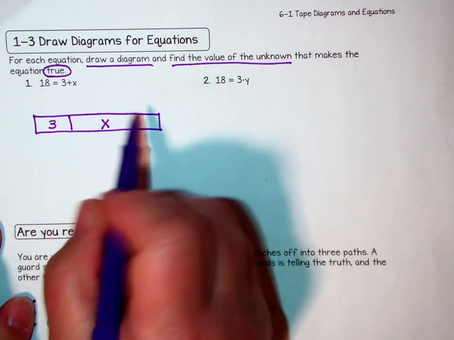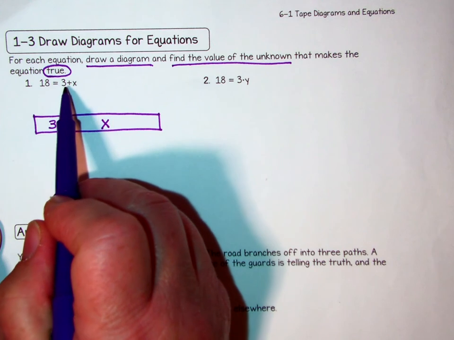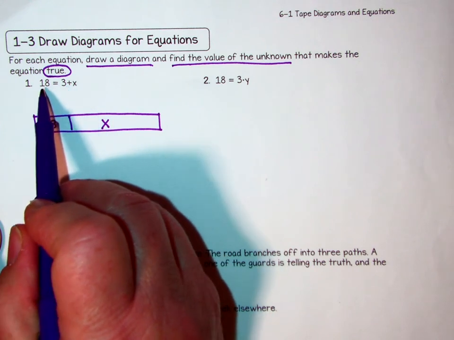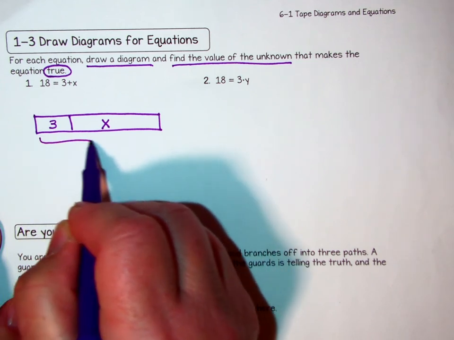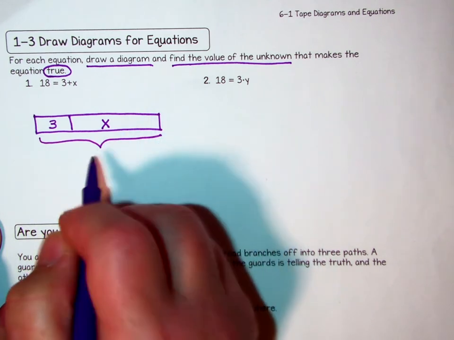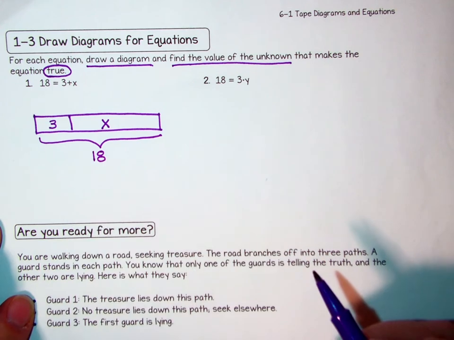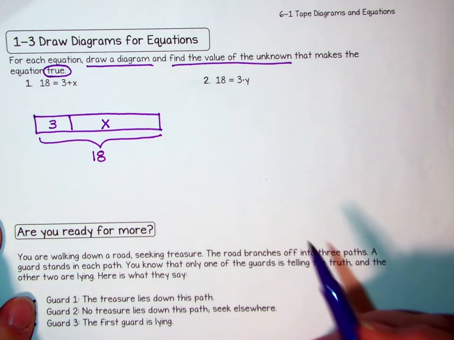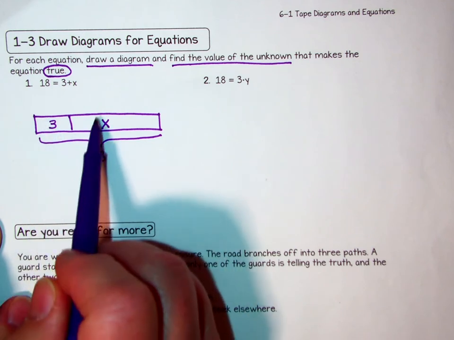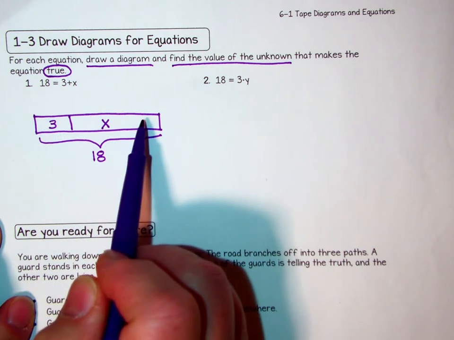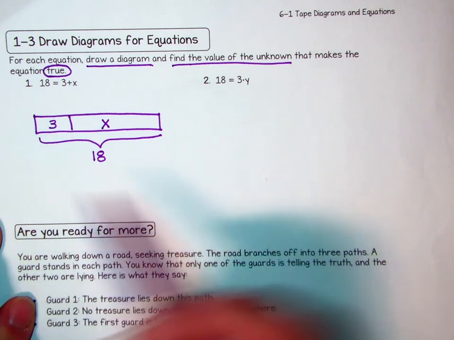I made x the longer one because I know that whatever x is, it's going to have to be quite a bit longer than 3 in order to be equal to 18. And then these 2 segments combined represent the value 18. So that's my tape diagram. A variation on this, I could have made the x on the left and the segment containing the 3 on the right, but I just drew them in the order they are in the equation.